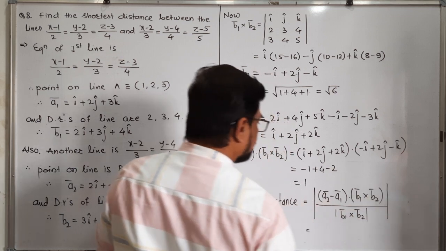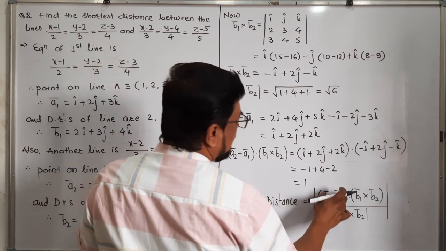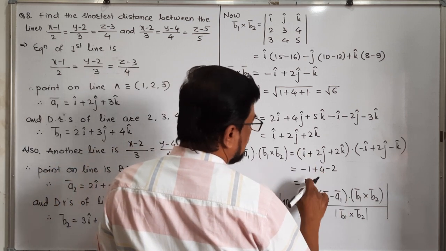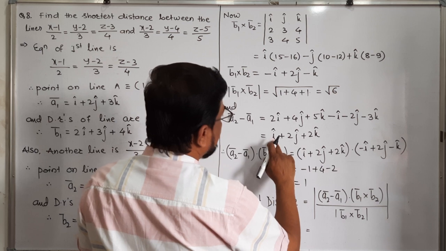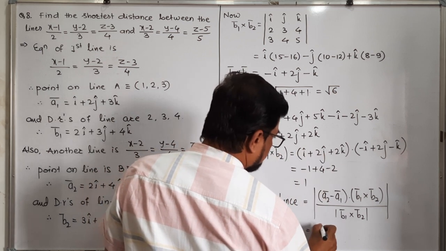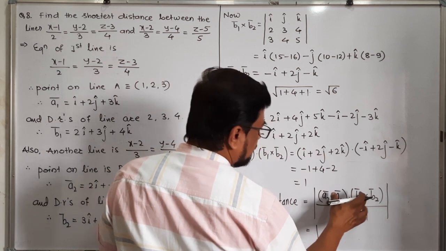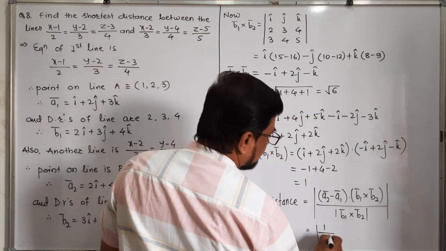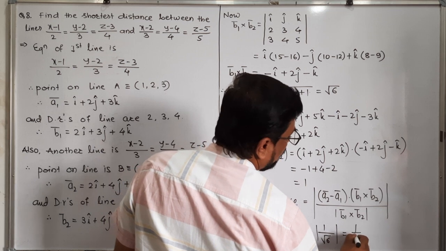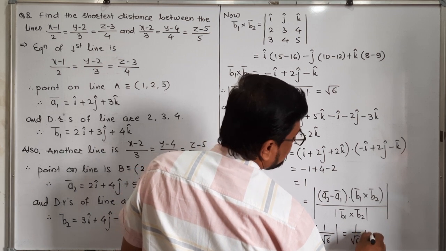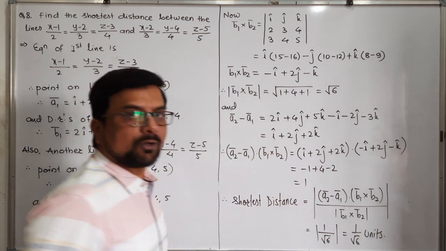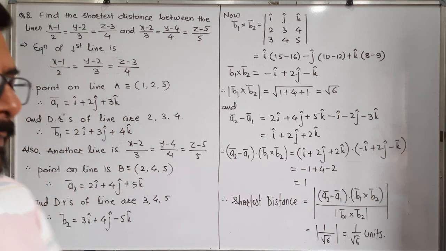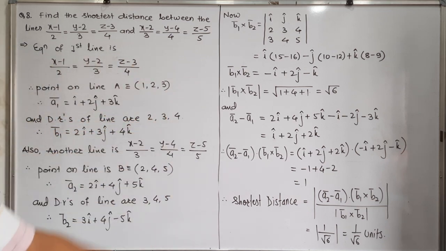That is, a2 minus a1 is i plus 2j plus 2k, its dot product is 1, upon magnitude root 6. Therefore we can say that it is 1 upon root 6 units. Check it for this question carefully. Now we'll see question number 9 again.